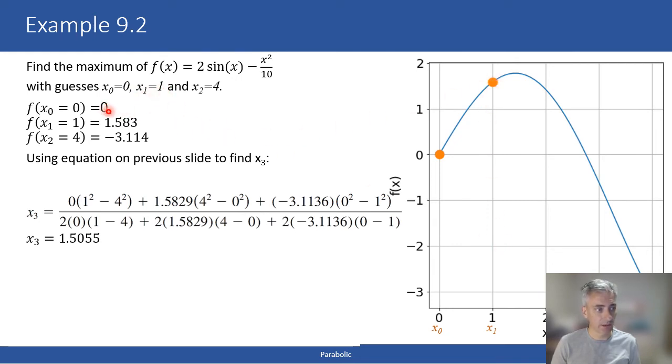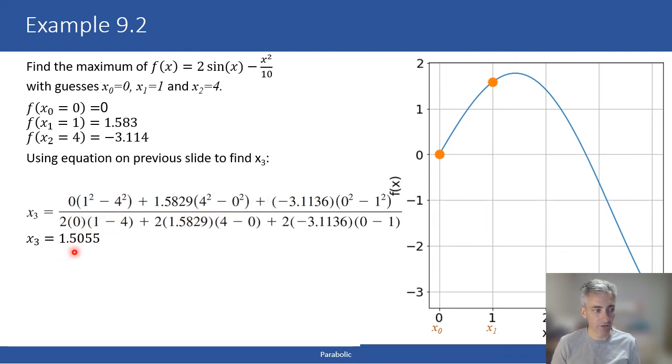So we can calculate these 3 values by plugging 0, 1, and 4 into the equation f of x, and we find the values of the function at those positions, and then we can put those values into the equation that was on the previous slide that gives us the next position of x3.